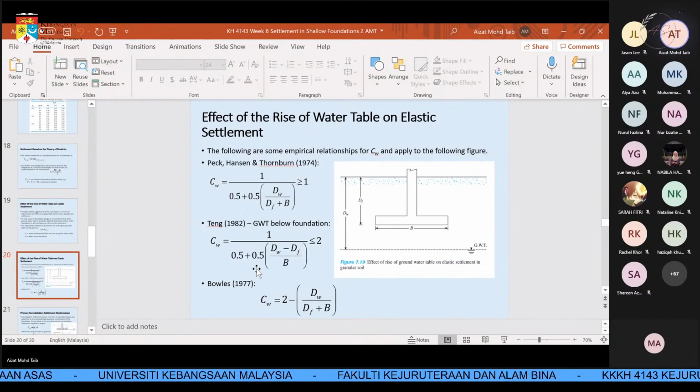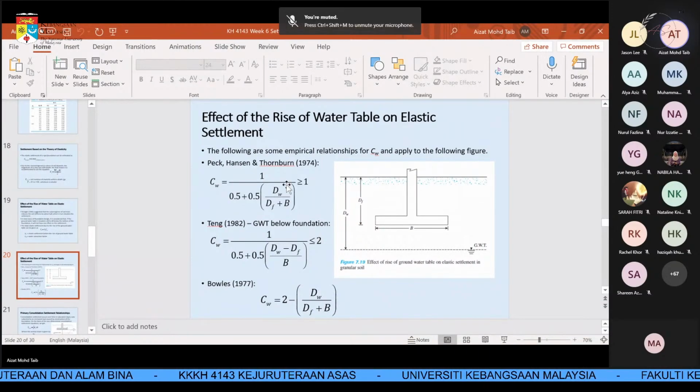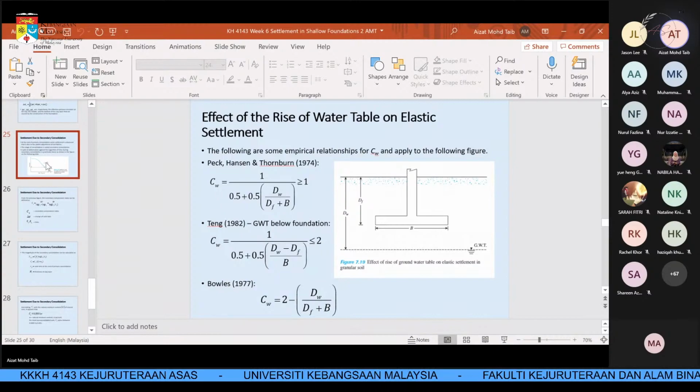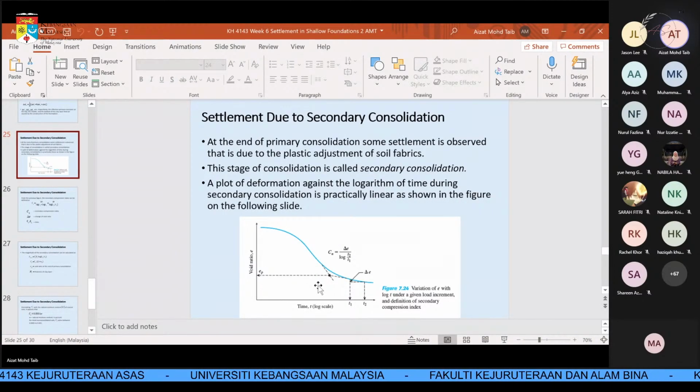But by right, the answer shouldn't go very far; they are close. That correction factor still depends on Dw, Df and B, where Dw is the depth of water, Df is the depth of foundation, and B is your breadth. It's just a different formula.